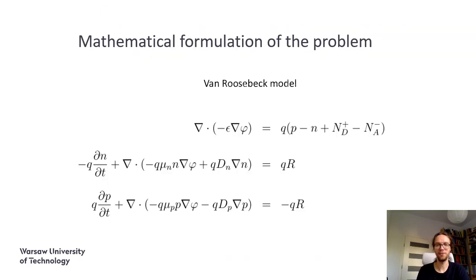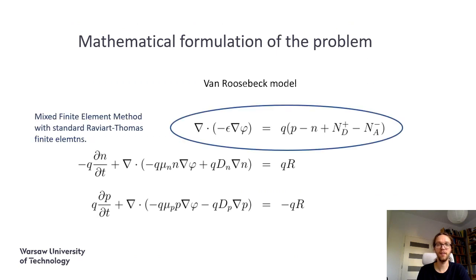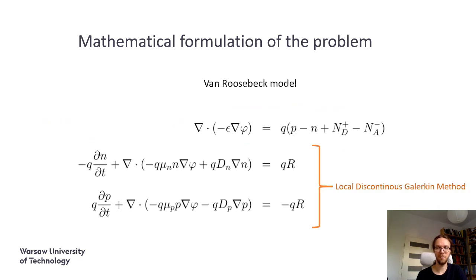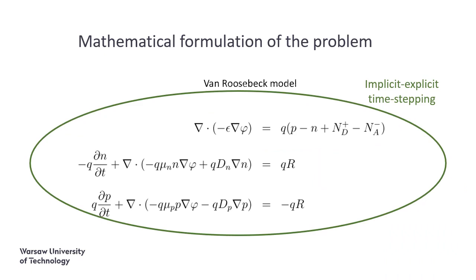In my program, I used the classical van Roosbroeck model, and I used mixed finite element methods to solve the Poisson equation, the DG method to solve the drift-diffusion equations, and I used explicit time stepping to update time in my simulations.